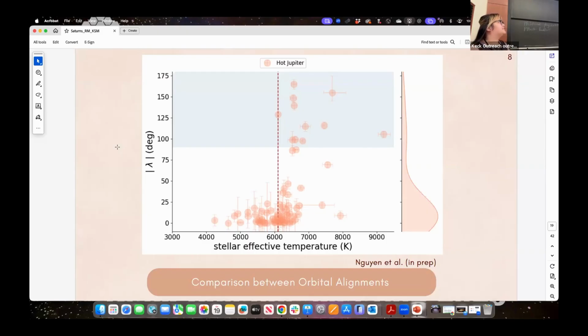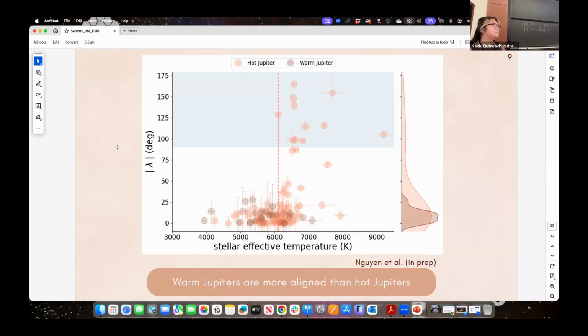So you can see that hot Jupiters are misaligned at higher temperatures. However, when we plot our measurements for warm Jupiters, you can see that warm Jupiters are more aligned than hot Jupiters. The alignment of warm Jupiters has been explained by the convective envelope around cool stars realigning the warm Jupiters.